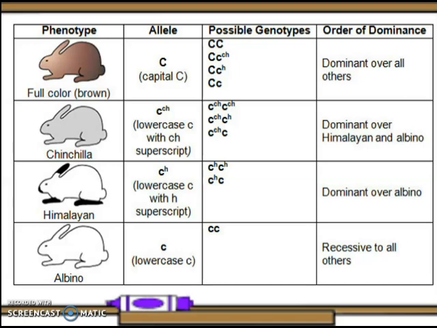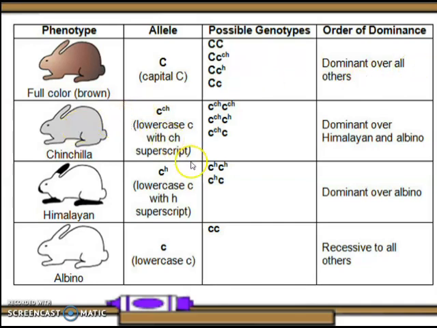Both albino and Himalayan are recessive to their normal allele. The table summarizes the four colors in rabbits. The first column indicates the phenotype, the second column indicates the allele, the third column the possible genotypes, and the fourth column the order of dominance. Full color or brown rabbit is represented by capital letter C, and here's the possible genotype. Full color brown rabbit is dominant over all others.